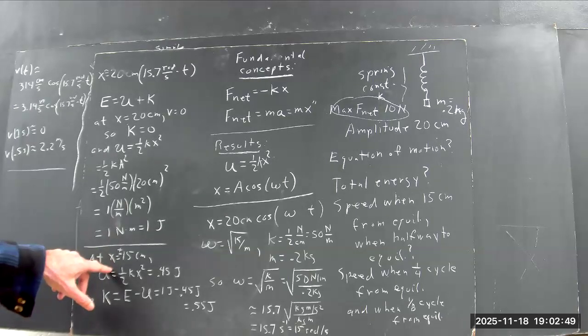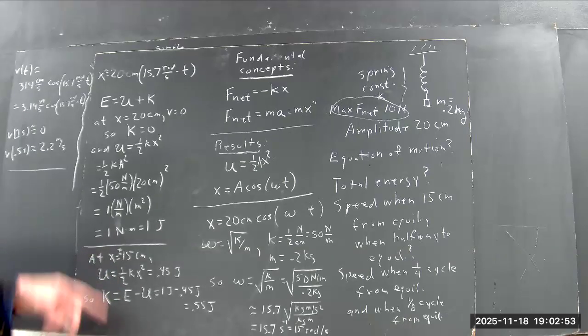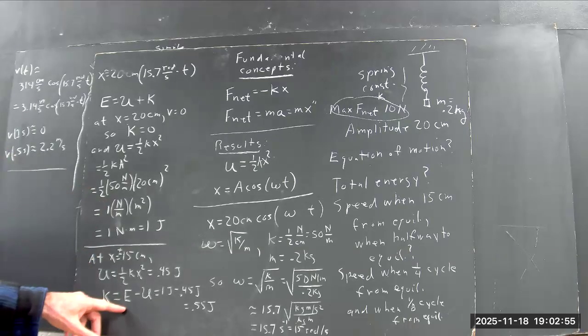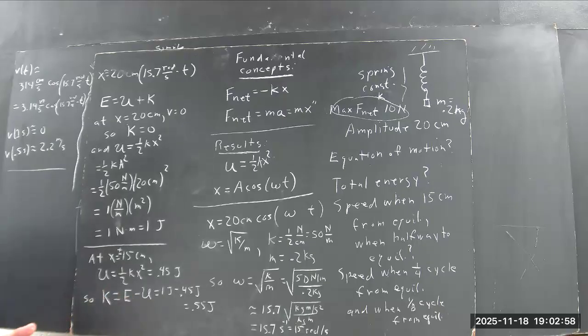Okay, so given your position x, you can figure out your speed from your total energy and your potential energy. There's even a formula that you could write.